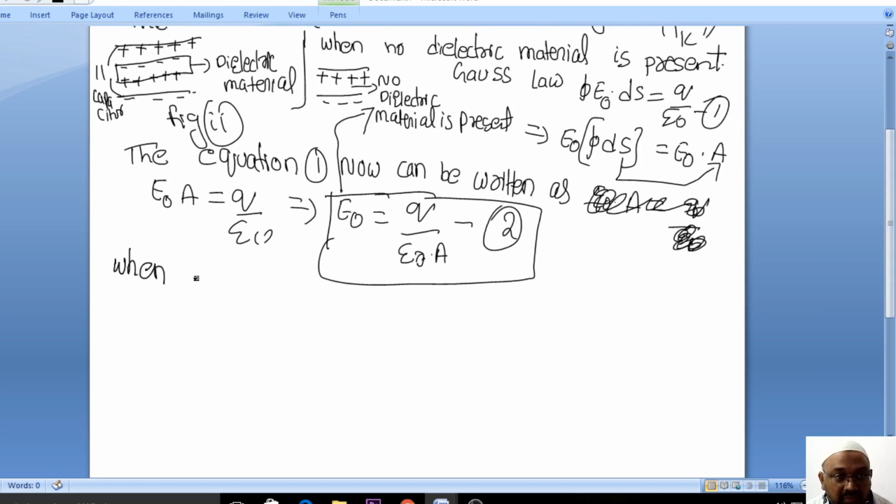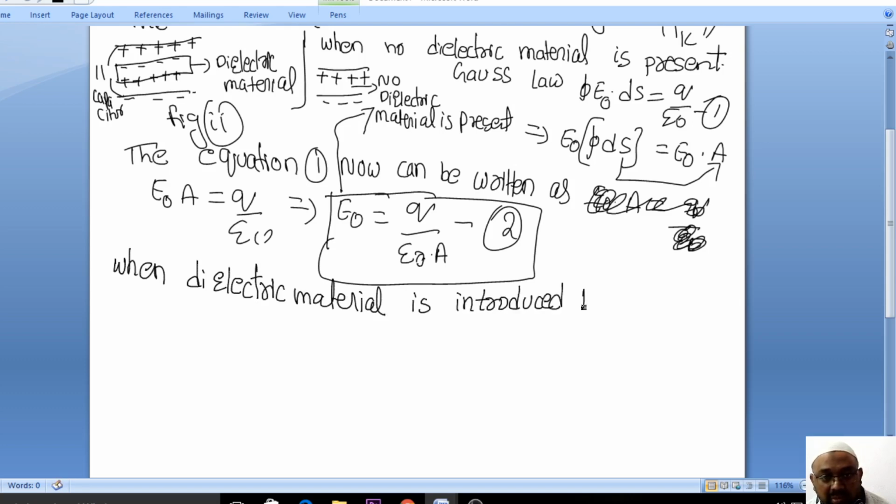When dielectric material is introduced between the parallel plate capacitor, as shown in figure 2, what will happen?